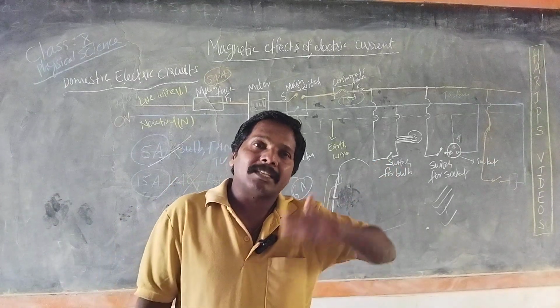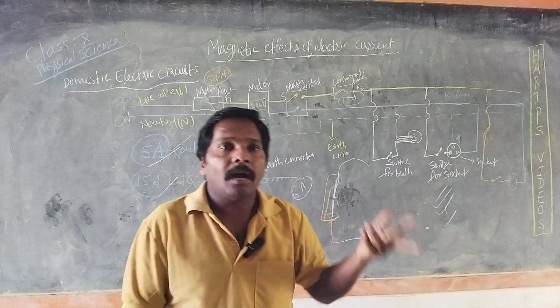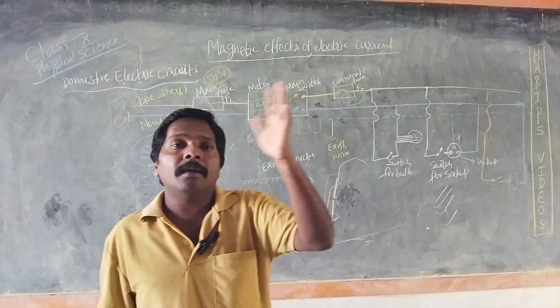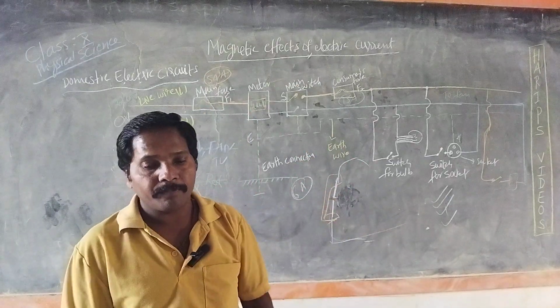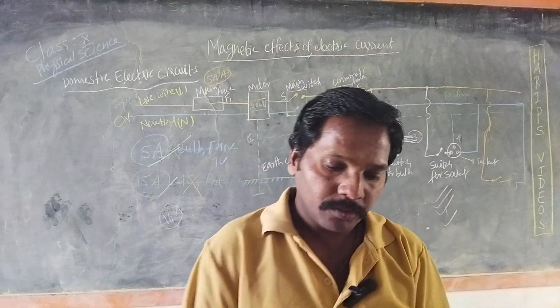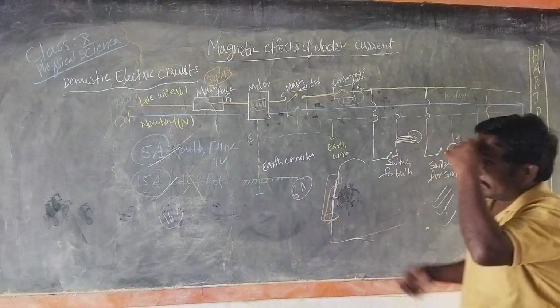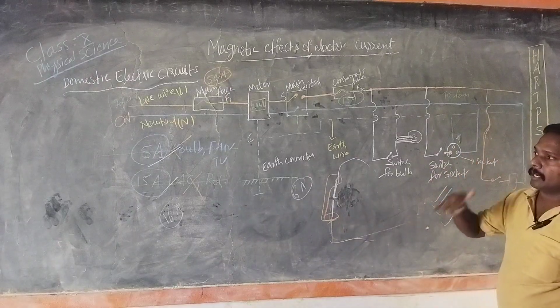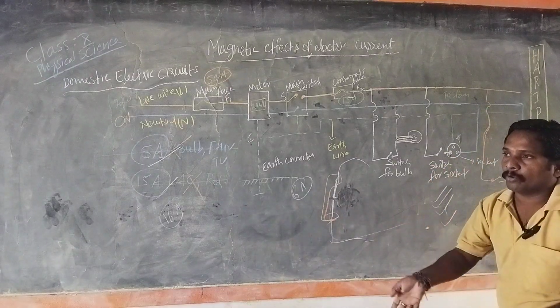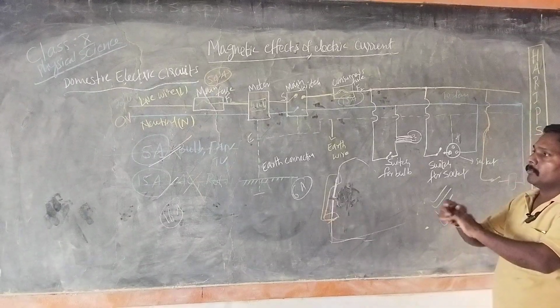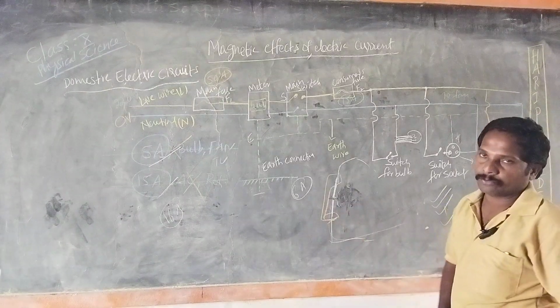The wires get heated to a higher temperature, the connection is broken, and due to overheating they burn. So to protect the electrical appliances and to avoid overloading or short circuit, we must use the electric fuse.